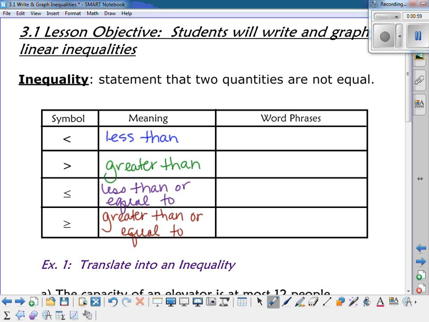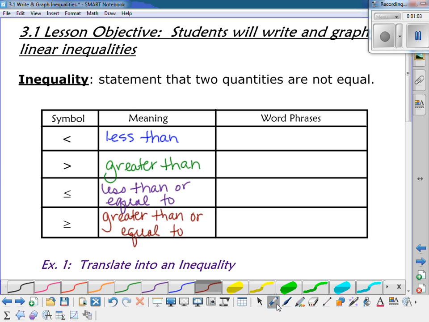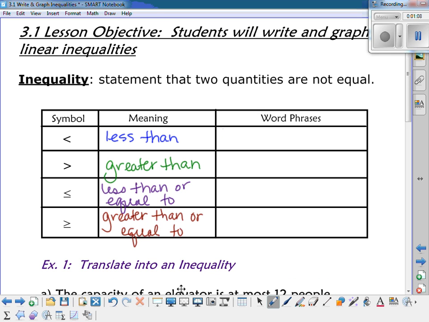So what are some words that might show up in a word problem that means these things? So less than, it might say fewer than. Or you might see the word under, below, lower.